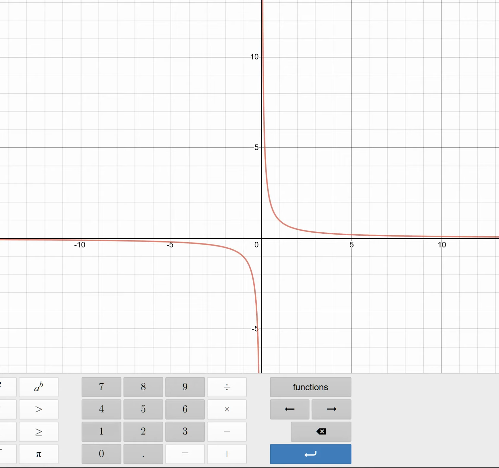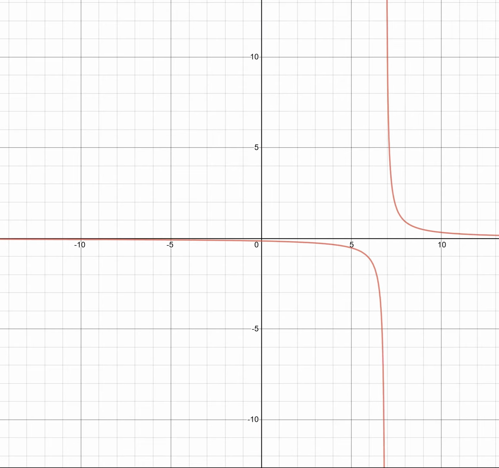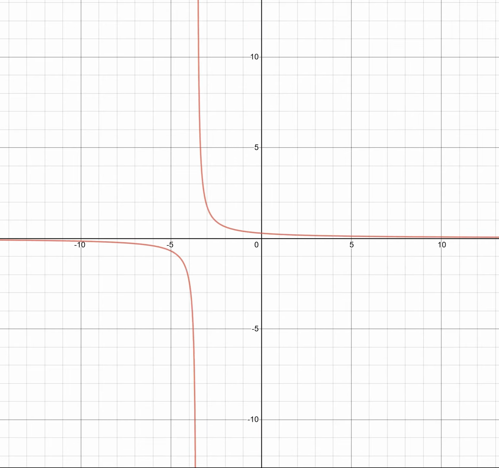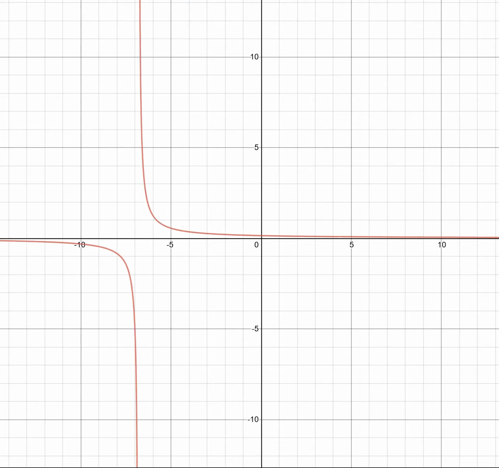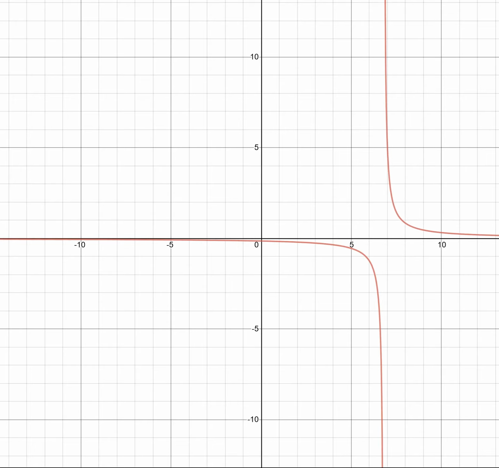There we go. And watch what happens when we alter h. So altering h will change where the x-asymptote is. It will also, more formally, translate this function along the x-axis.